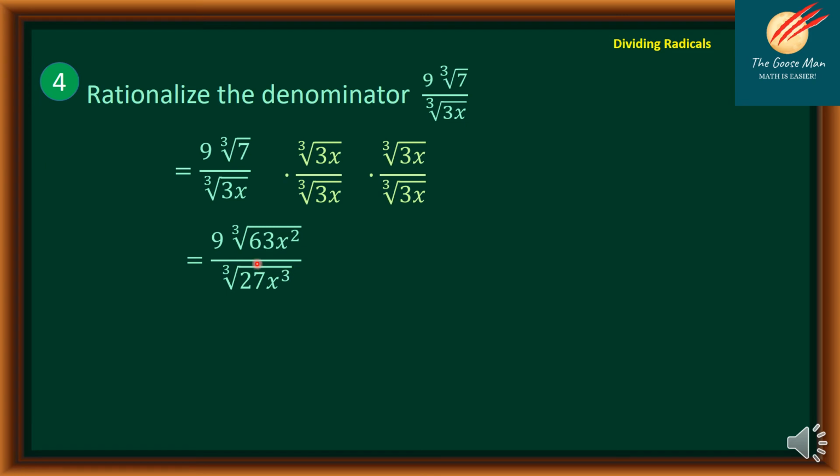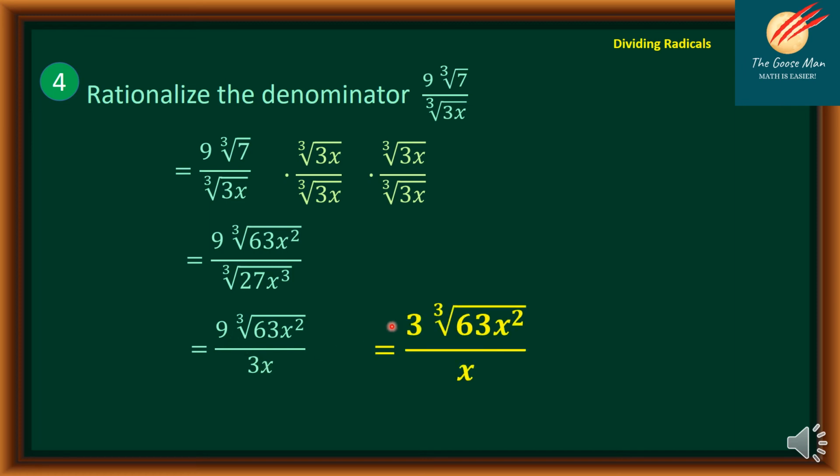In the numerator, I can no longer extract the cube root of 63x squared. However, in the denominator, I can take the cube root of 27, which is actually 3, and the cube root of x cubed is x. However, I can reduce 9 and 3, so it will result to 3 times the cube root of 63x squared all over x.